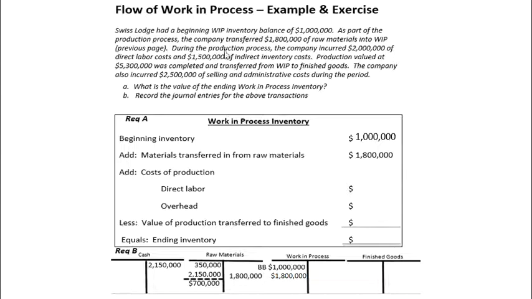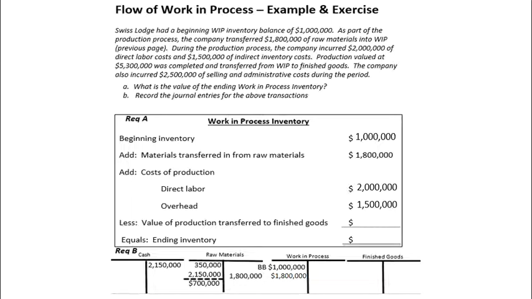Now let's go to during the production process, the company had incurred $2 million of direct labor costs and $1.5 million of indirect costs. So in this case, I'm going to add my direct labor of $2 million, and I'm also going to add my overhead costs of $1,500,000.